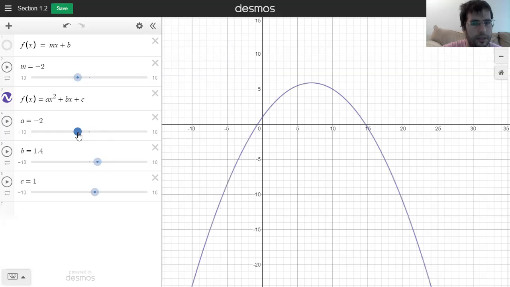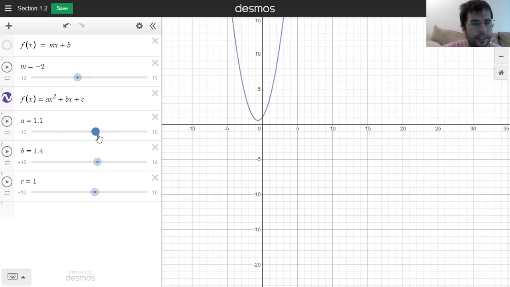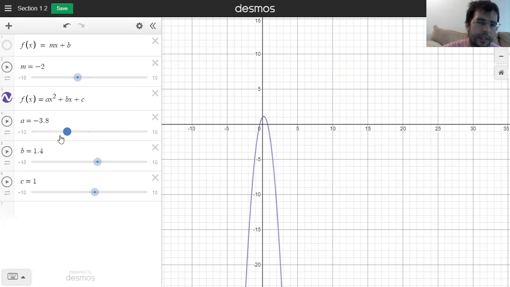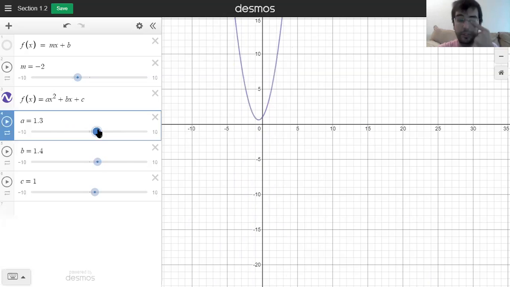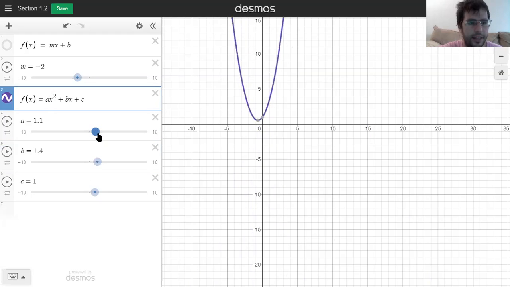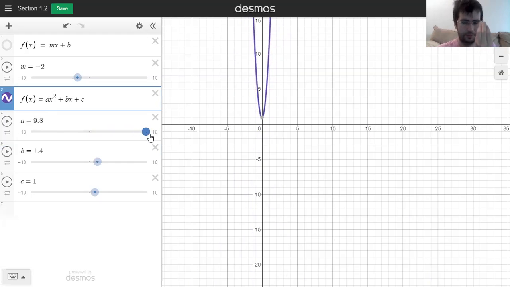but maybe you can try this later and see for yourself, because I find this pretty useful. Playing with these things really gives you a sense of, for example, what A is doing here. I can see that as A gets bigger, the parabola gets skinnier, and it goes up.